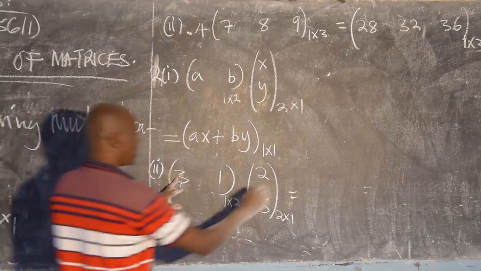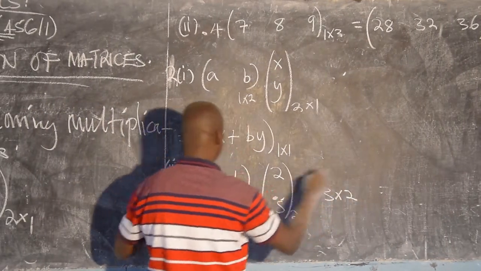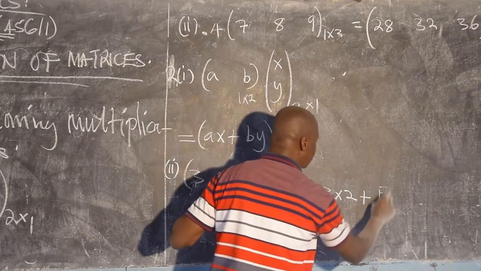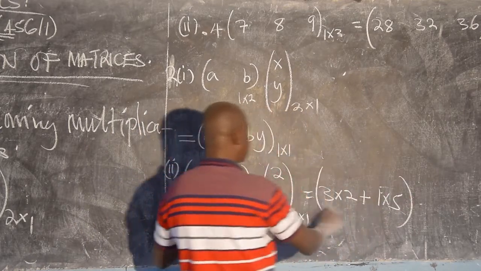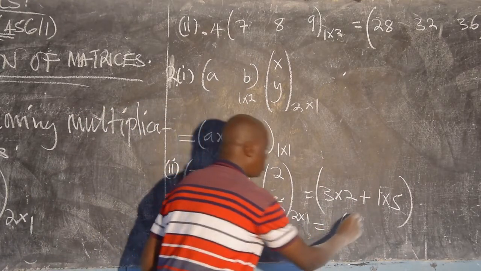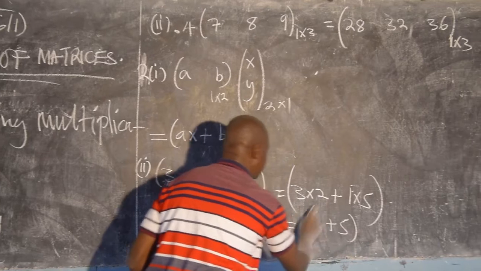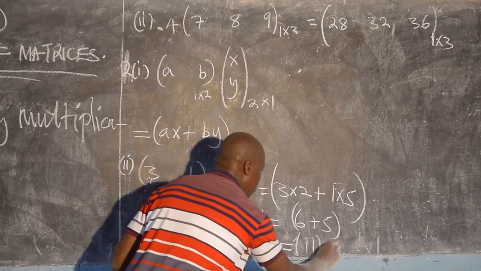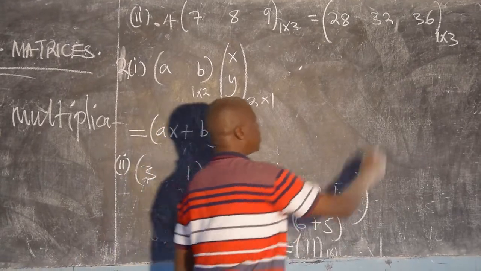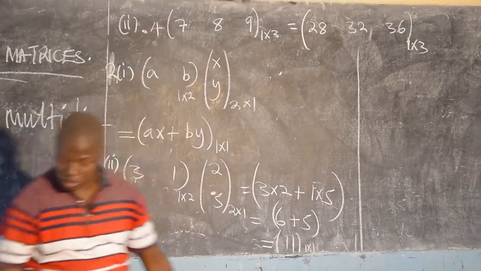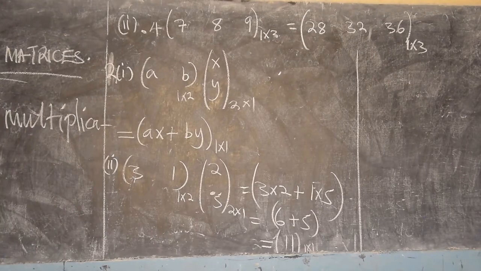That is 3 times 2, plus 1 times 5. Our answer is 6 plus 5. This one gives 11. This is a 1 by 1 matrix.